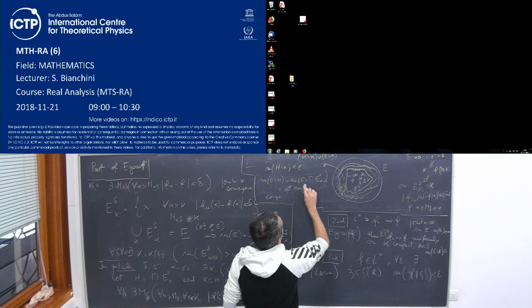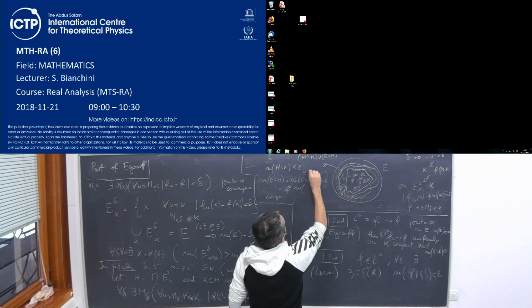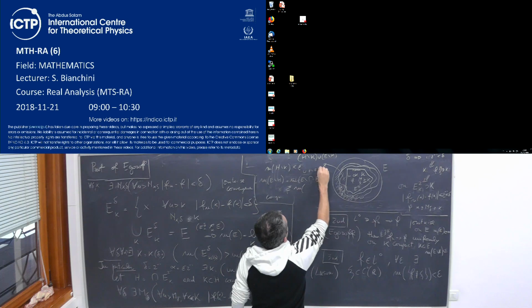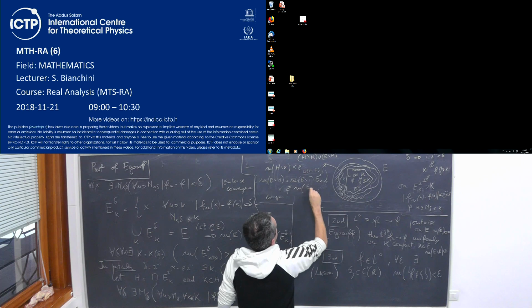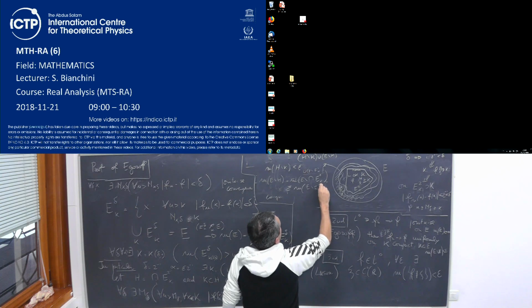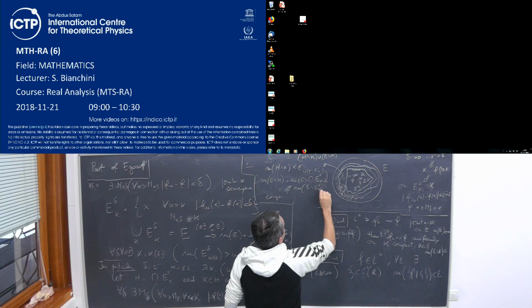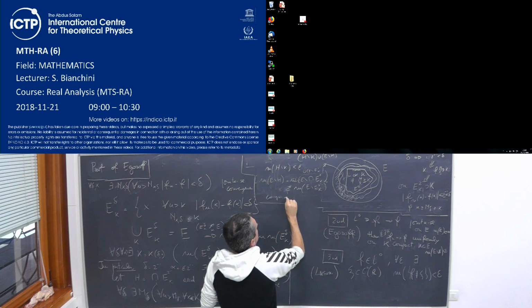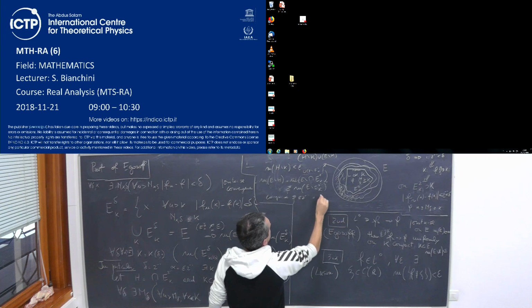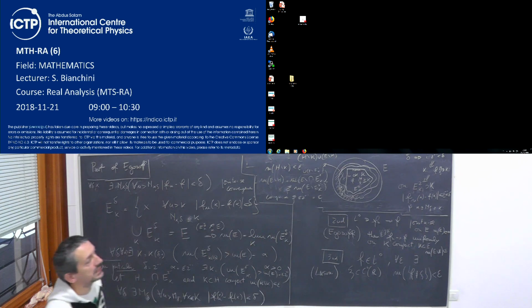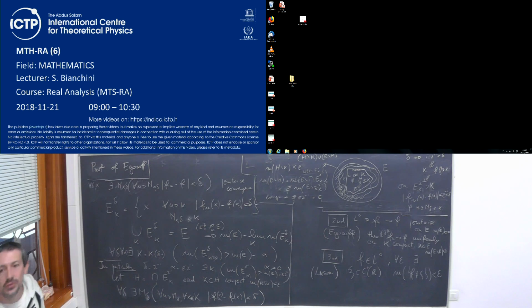So it's the measure of the union of E minus E to the minus i, K_i, and this is less than the sum of the measures of E minus E to the minus i, K_i. And this is less than the sum over i of epsilon 2 to the minus i, which is epsilon. Okay. I throw out 2 epsilon, and I have something which is uniformly convergent.